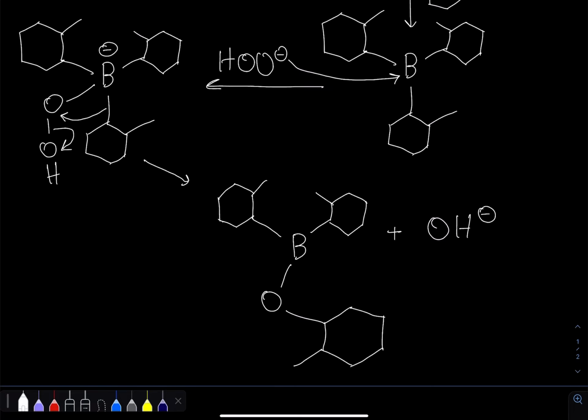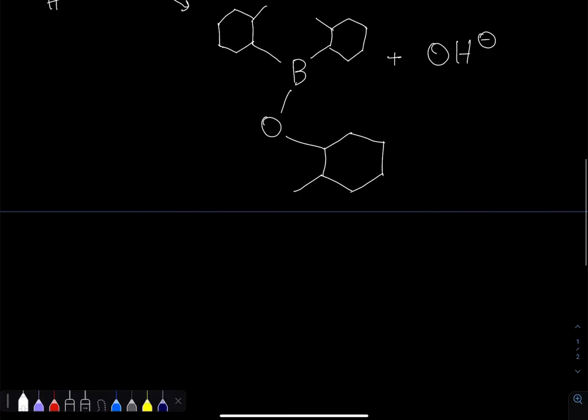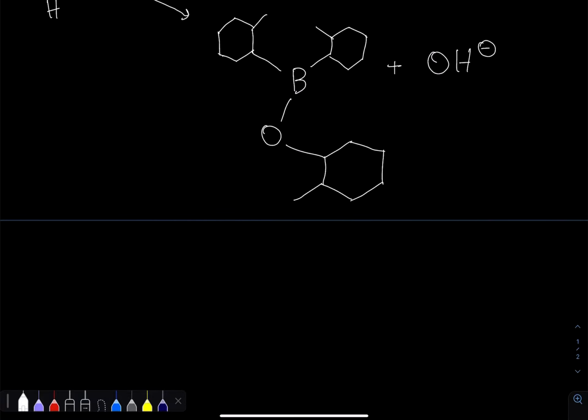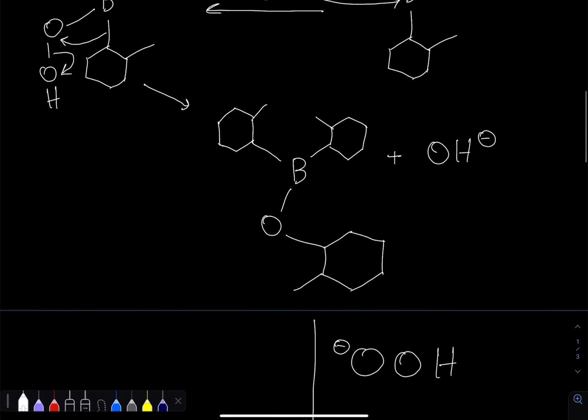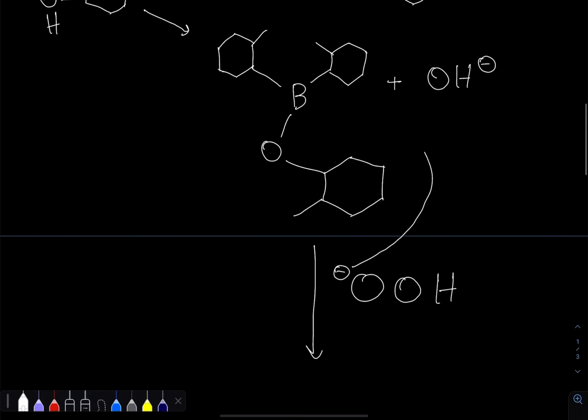So now, at this point, the thing that will happen is that another one of these OOH groups that we generated before, like this, are going to come in and attack the boron.